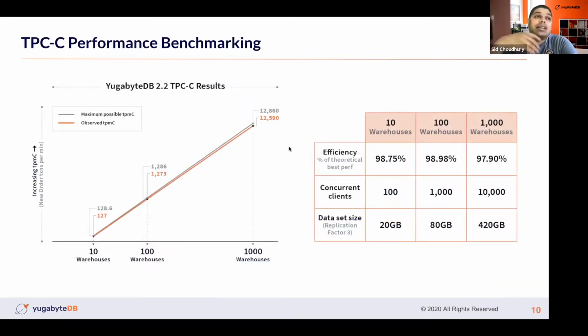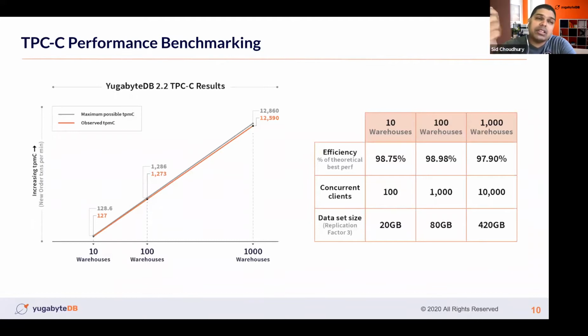Again, as a high performance database, we want to challenge ourselves on how we push the boundaries on how the database functions against industry standard benchmarks.